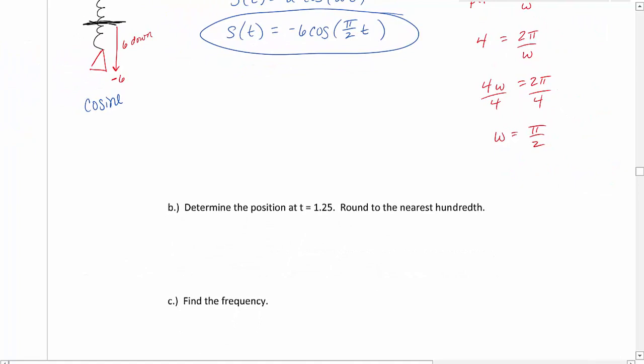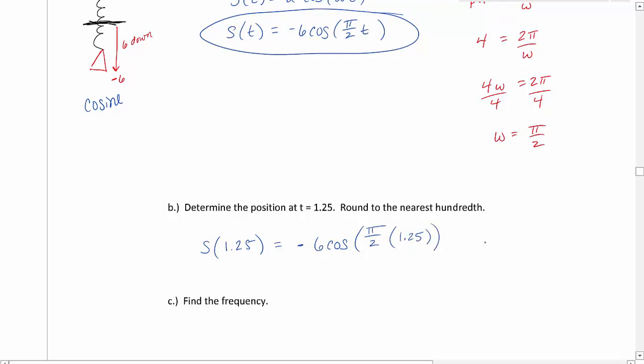In part B, we want to determine the position at t equals 1.25. All we need to do is plug that into the function we created in part A. S of 1.25. And you'll just plug this into your calculator.